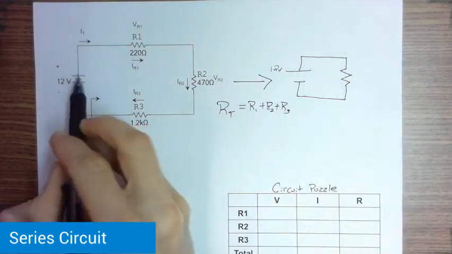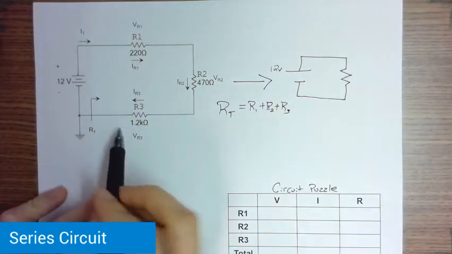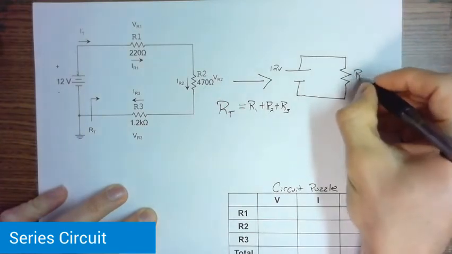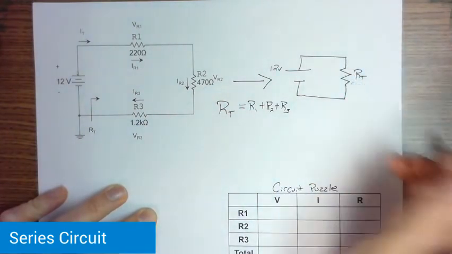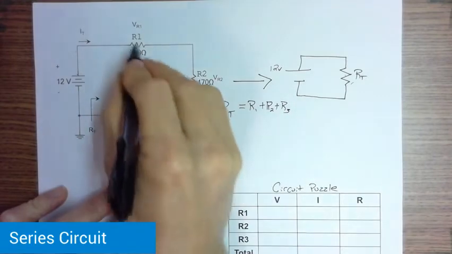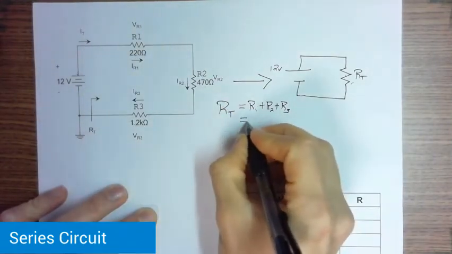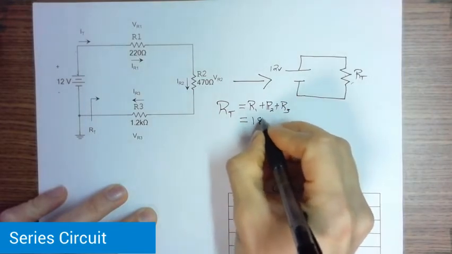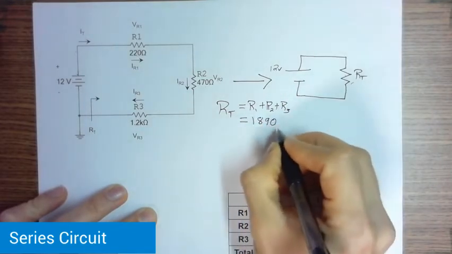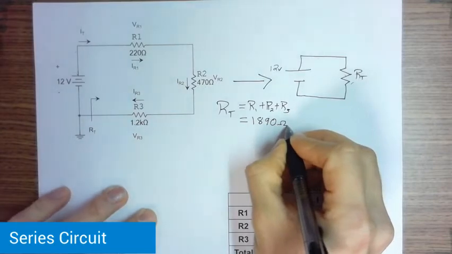So it makes sense. If we're leaving the battery, we have to go through all of these, so we might as well call it total resistance. It's all the same thing. When we add R1 plus R2 plus R3, add those numbers up, you get a total resistance of 1,890 ohms.